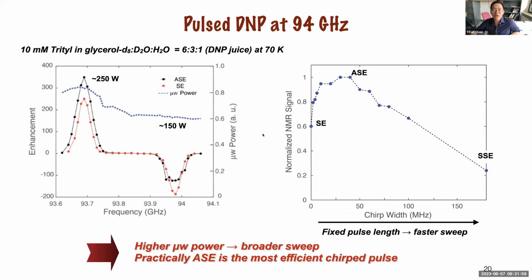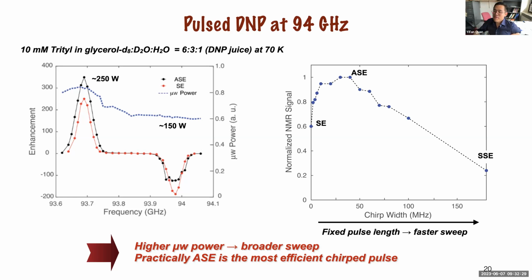Of course, it requires a lot of optimization before reaching that enhancement. As I mentioned, from a theoretical point of view, the most efficient way is to run SSE covering everything. However, from a practical point, you are often limited by a lot of things, for example, the duty cycle and the maximum pulse length of your microwave amplifier.